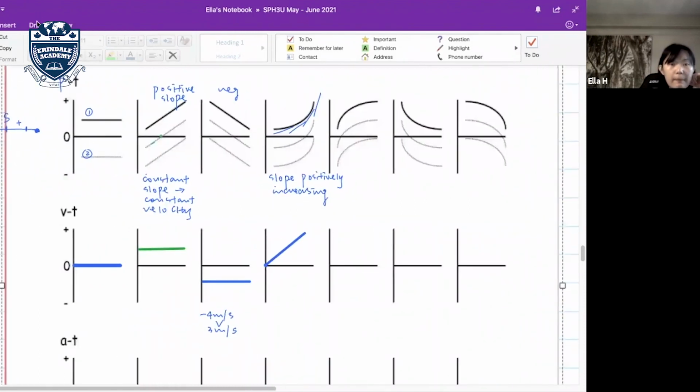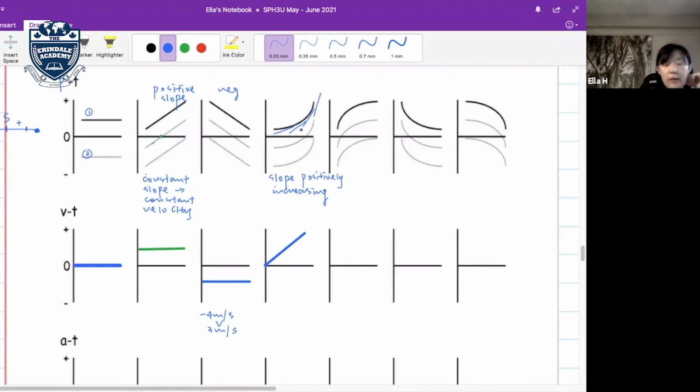So I'm going to have something like this. So same thing. If I want to describe the type of motion, let me describe this one, the middle one. So I am starting my journey from somewhere on the left of the reference point.